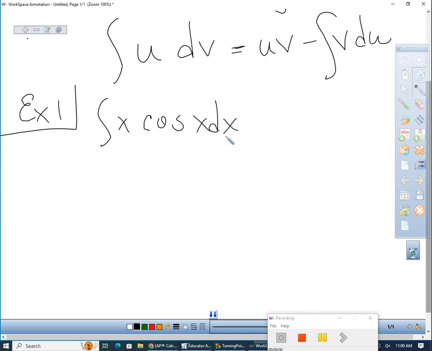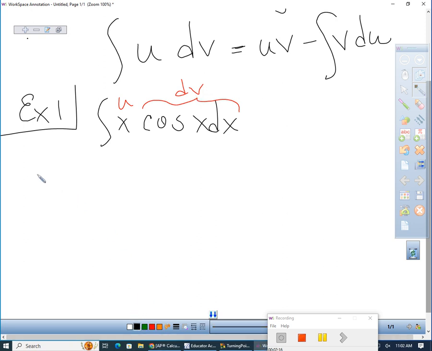So the derivative of cosine x is not x, so we don't have anything to use to do a u substitution. So we have to find something different. In this case, I want to make my x out in front my u, and my cosine x dx I want to be my dv.